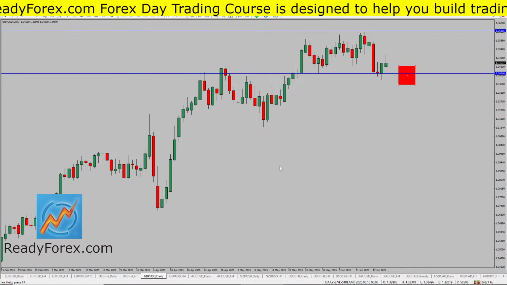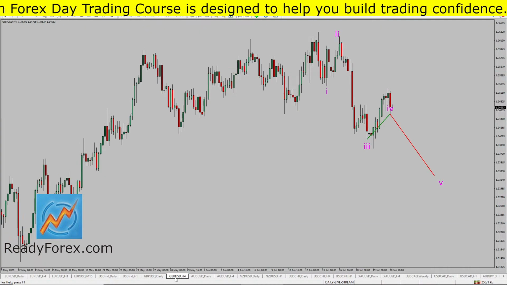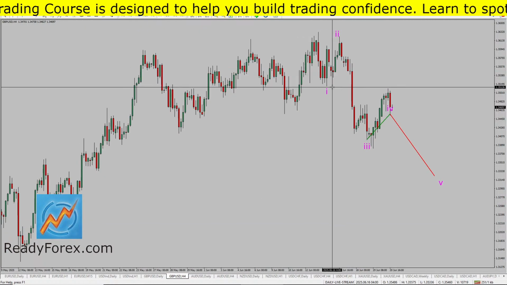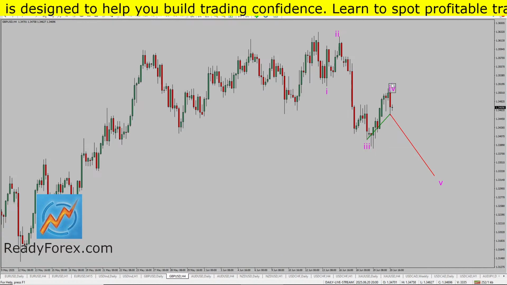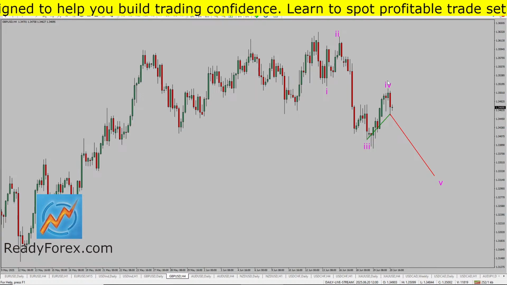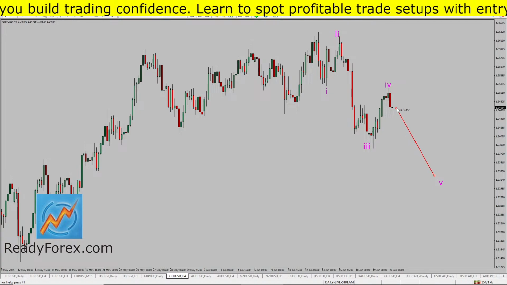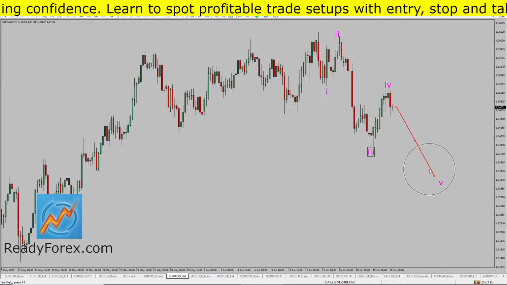We do the wave count, and I'm going to show you the internal wave count inside a smaller time frame chart. It shows that we got this 1, 2, 3, and I was expecting the pullback. We got wave 4, and then the market is probably going to drop to complete the bearish wave 5 leg over here.